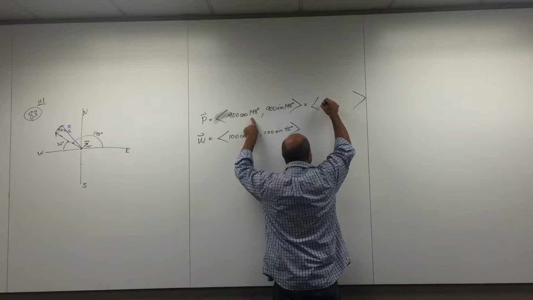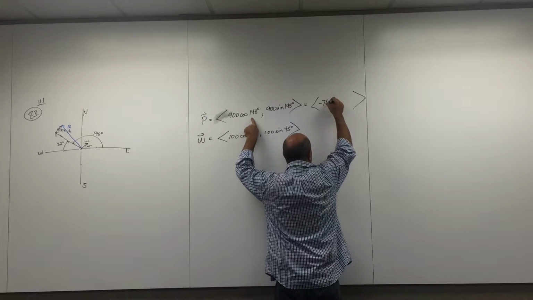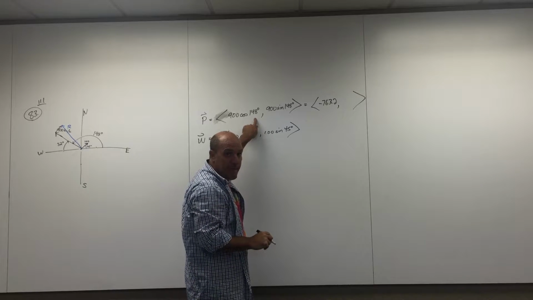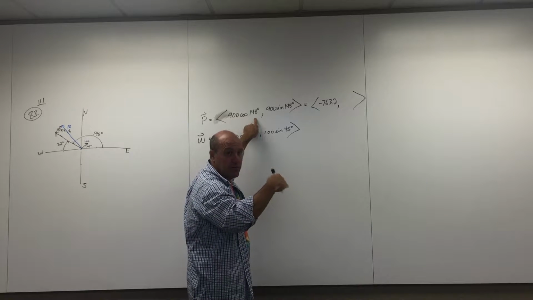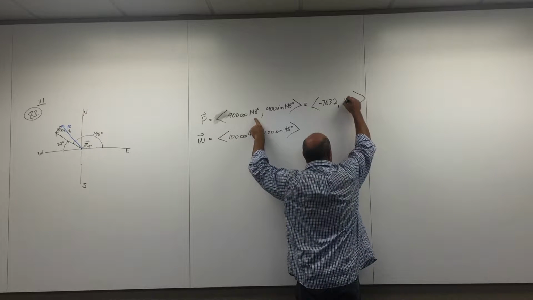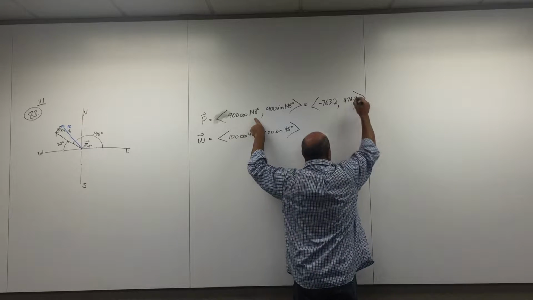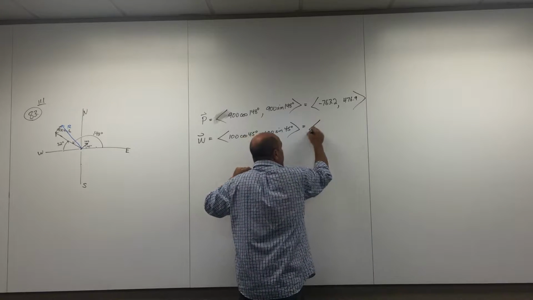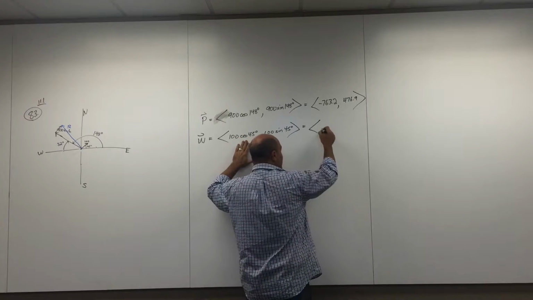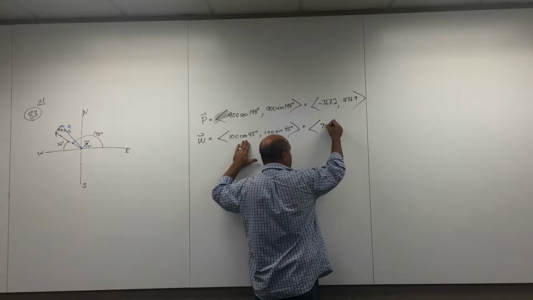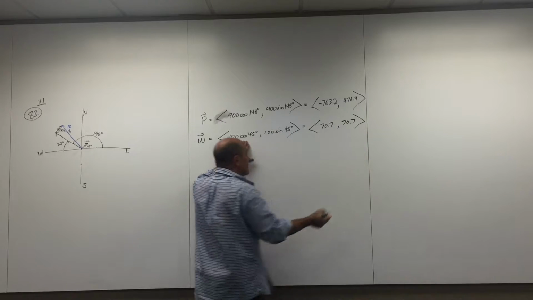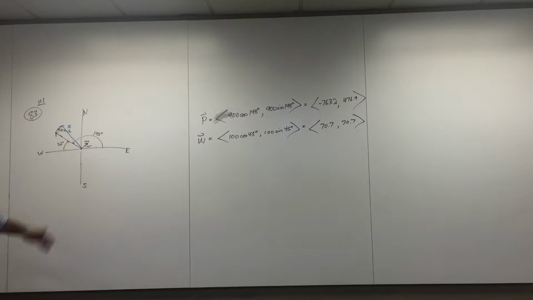That is negative 763.2. And good, it came out negative like I was predicting. Again, using that angle in quadrant 2, that should come out negative. And the y component? 476.9. And then the wind vector is 100, I think I know those numbers, 70.7 and 70.7, because that's a 45-degree angle.